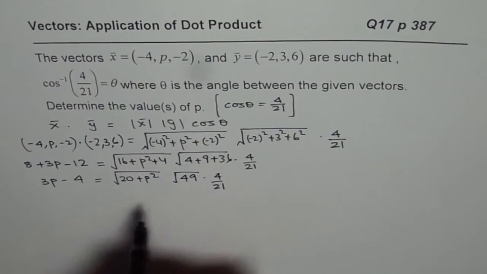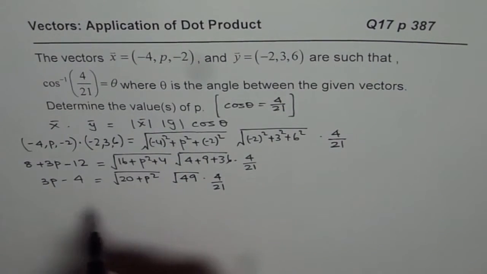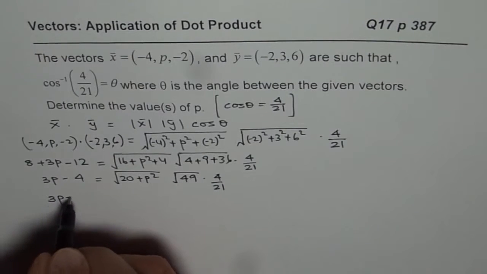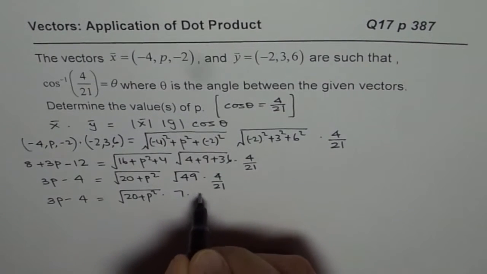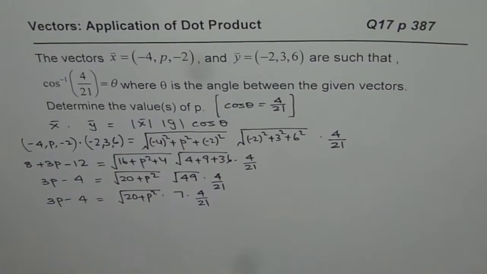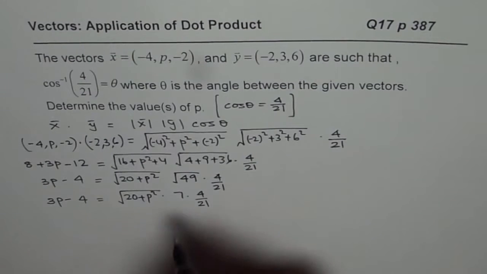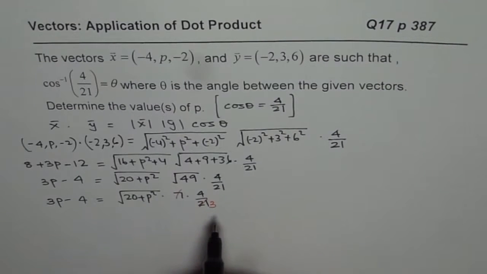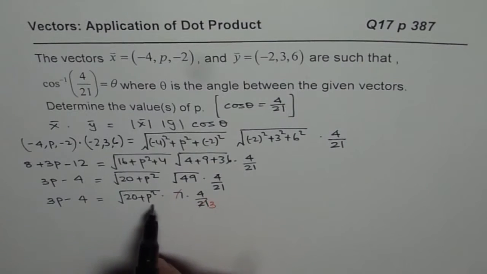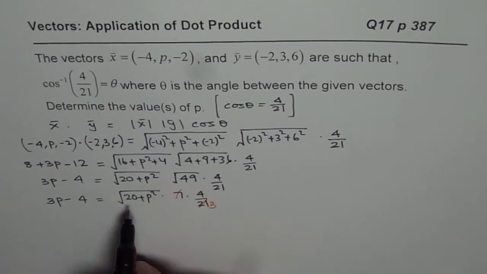Now this can be simplified. Square root of 49 is 7, so we can write this as 3p minus 4 equals square root of 20 plus p squared times 7 times 4 over 21, which simplifies to 4 over 3. Now we have to get rid of this square root, so we can square both sides.